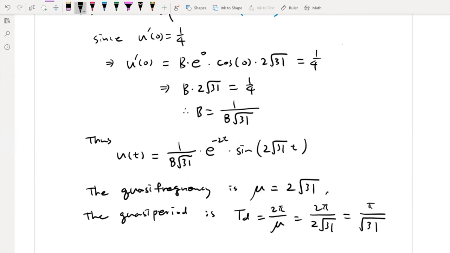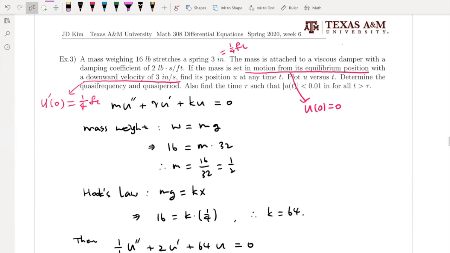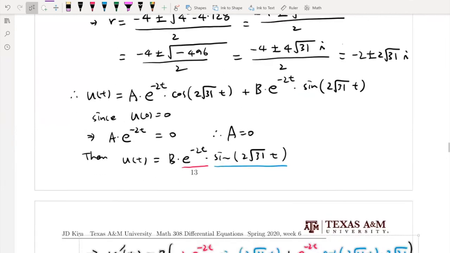Let me come back to the problem. Not only the frequency and period, the problem asks us to find the time tau such that the absolute value of u is less than 0.01.